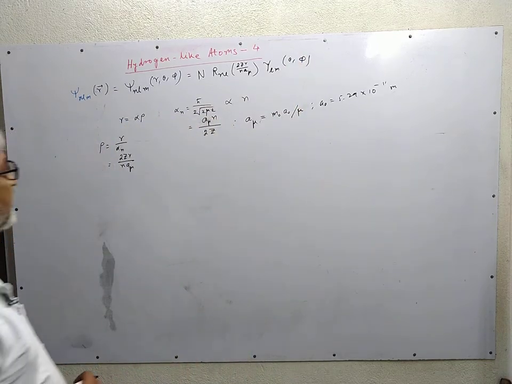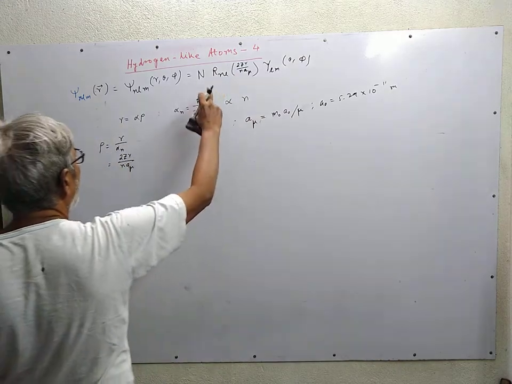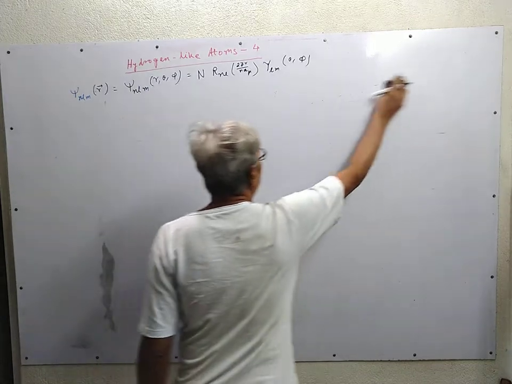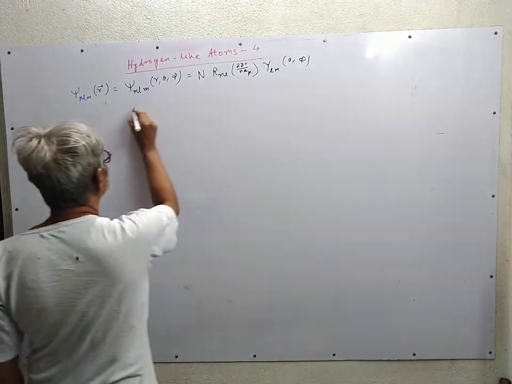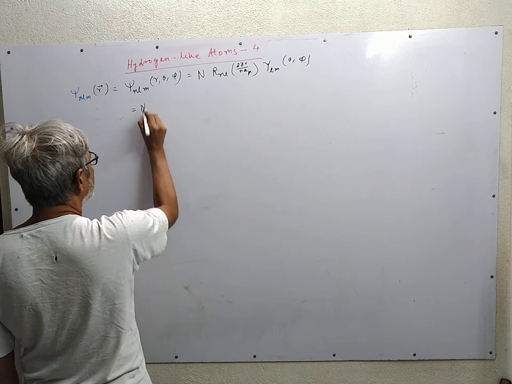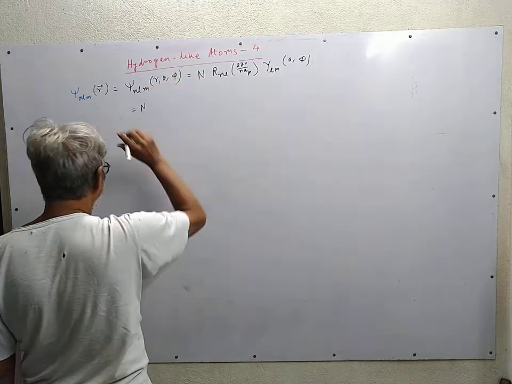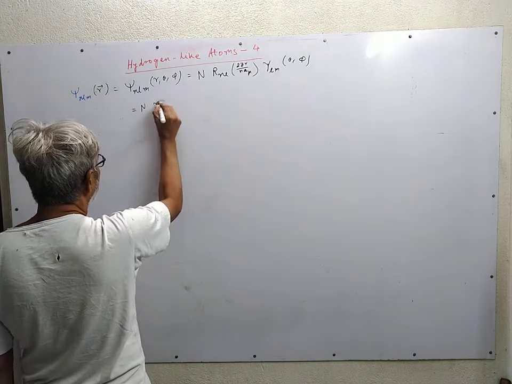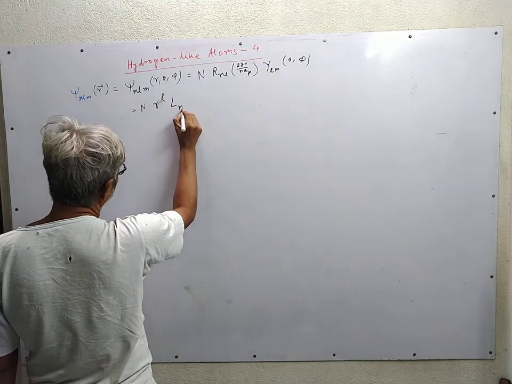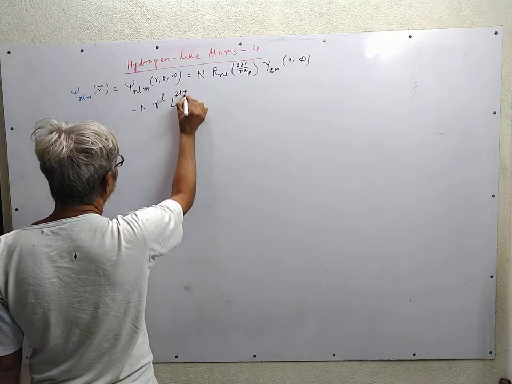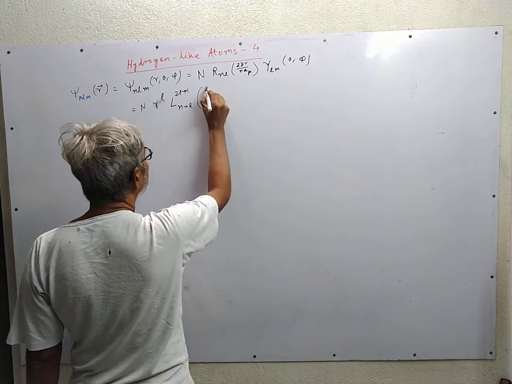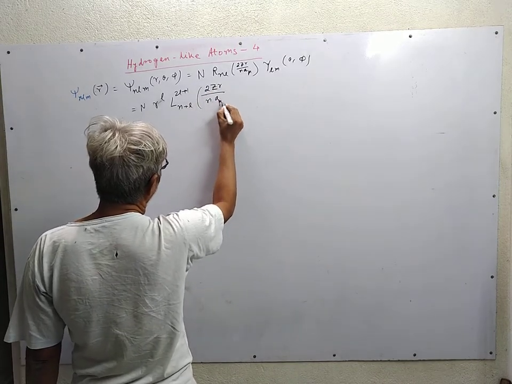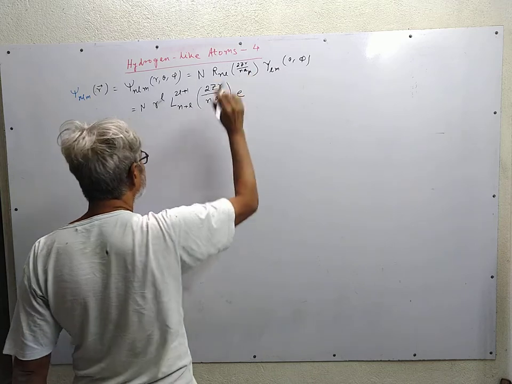If we write it in terms of the associated Laguerre polynomial, then this part becomes a normalization constant. Then we will have r to the power l, L n plus l, 2l plus 1 of 2zr by n mu, times e to the power minus rho by 2.